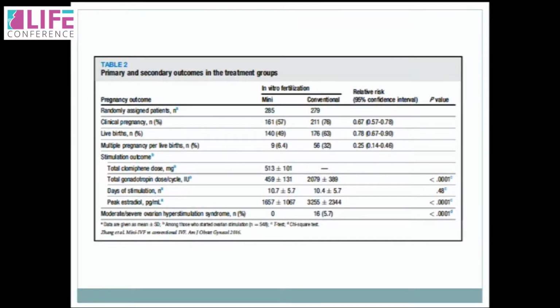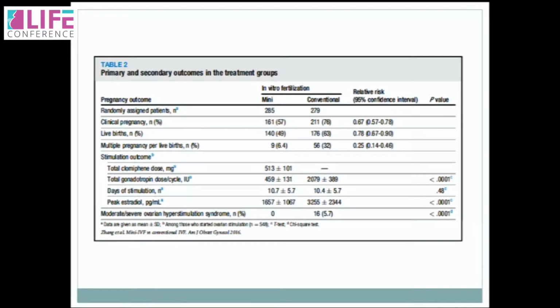We could see that the live birth rate was always a little bit less in the minimal stimulation, as would be suspected, but they had so much fewer multiple pregnancies. If you want to look at that, I'm sorry, I didn't say that they were only transferring blastocysts.